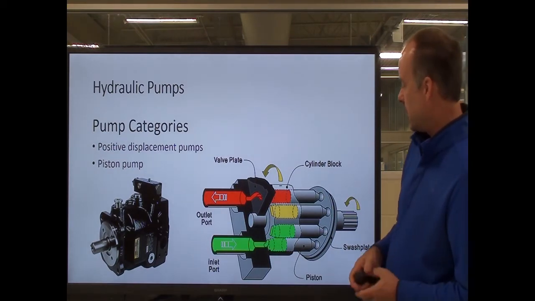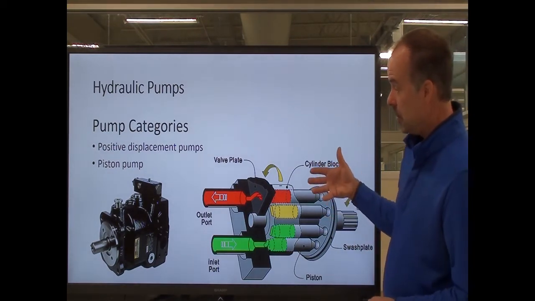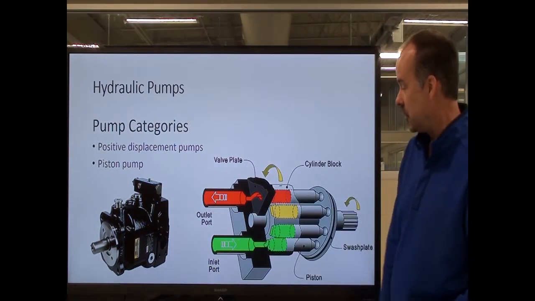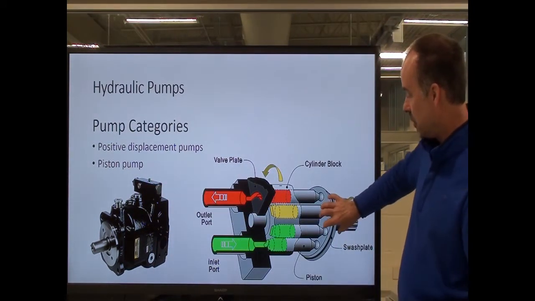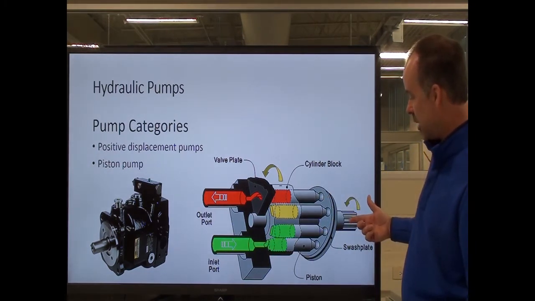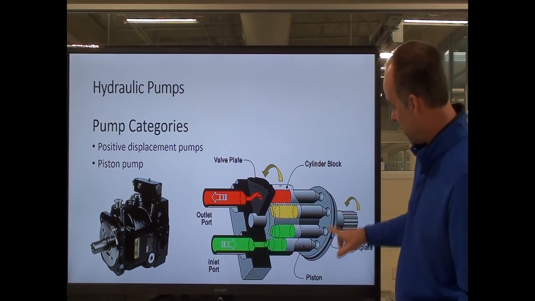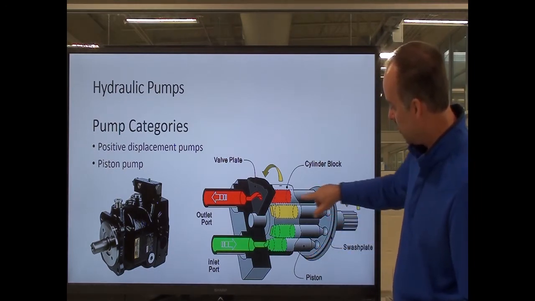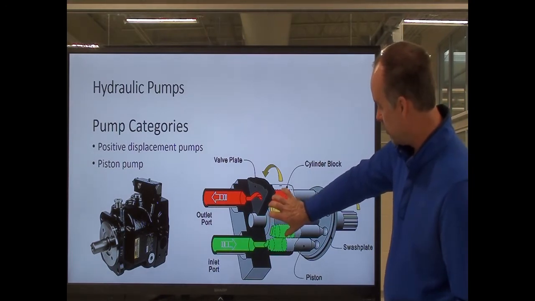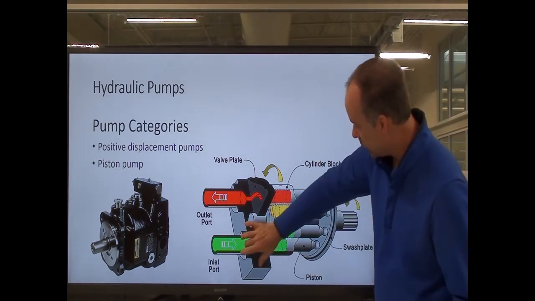The next type of pump, a little more complicated, is the piston pump. Here's what one might look like if you found one in the field. Here's a graphical representation. Your prime mover attaches back here to this shaft, and you're spinning this housing, or this plate here, that has the pistons on it. Up here you have a housing with your cylinders, and you have your inlet and your outlet.